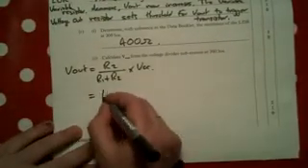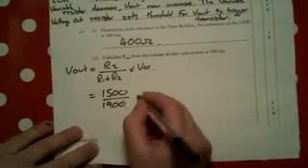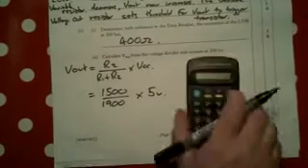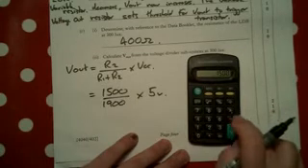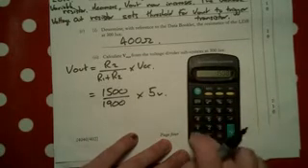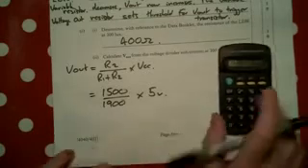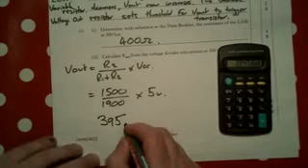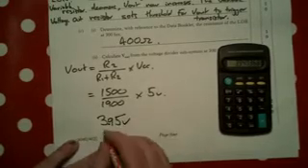So that is equal to 1500 ohms divided by 1900 ohms multiplied by 5 volts. Onto the calculator. 1500 divided by 1900 times 5 equals 3.95 volts.